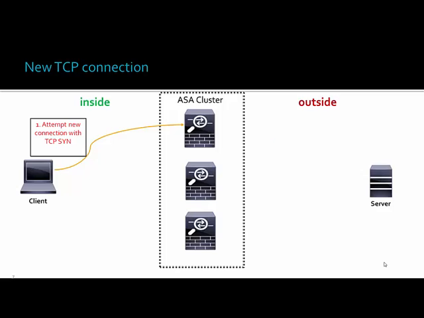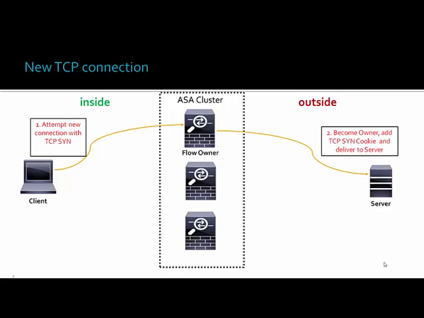So subsequently, after the unit becomes the flow owner, the unit will add the SYN cookie and will pass the packet to the server. SYN cookie is additional improvement when establishing TCP connection, since when returning packet will arrive to different unit in the cluster, the unit can leverage information contained in SYN cookie to discover who was originally the owner of this connection.